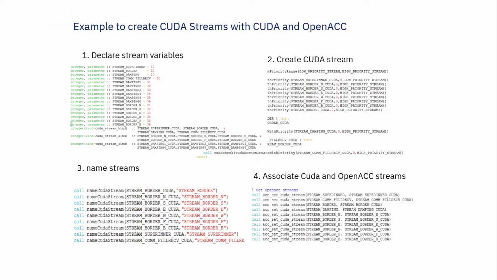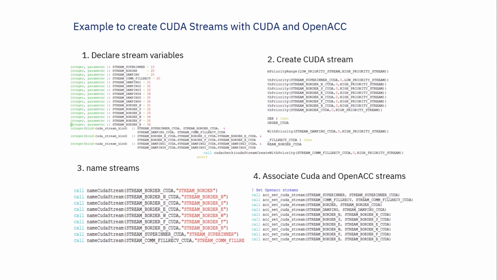So here it's an example of, I would say, assembly code optimization with CUDA. All the compute kernels are using OpenACC, but here we are declaring additional streams for the GPU. Unfortunately, right now you can only do that with CUDA.